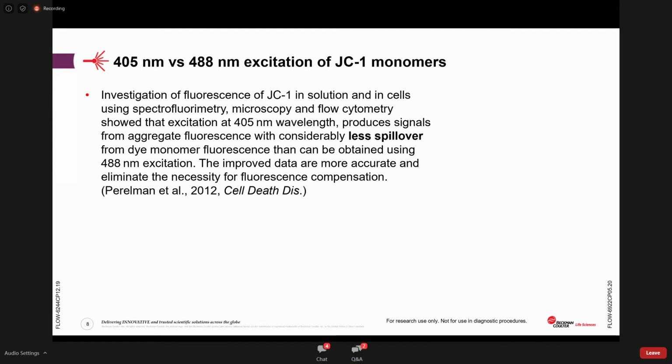As I was doing this literature review, I noted that Perlman et al. suggested an improvement to the existing use of JC1. They recommended exciting the dye by a 405 nanometer violet laser versus a typical 488 nanometer laser. This produces less spillover from JC1 monomer and minimizes the need for compensation and makes the data more accurate.